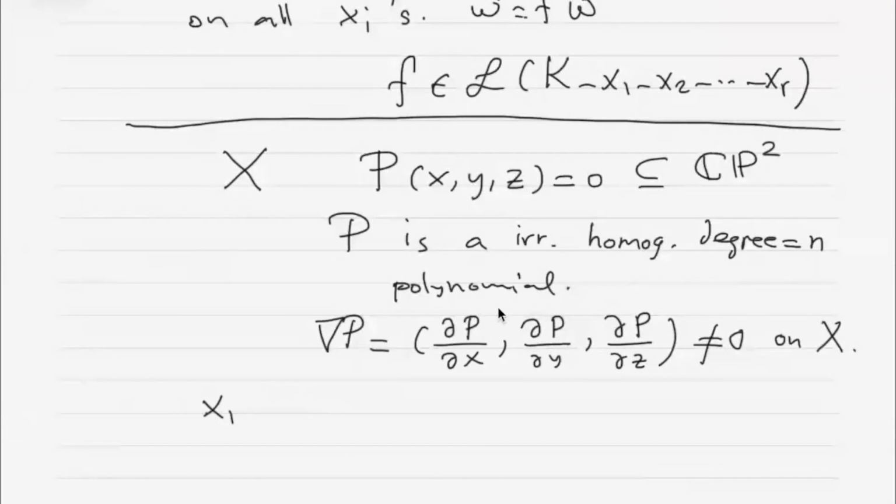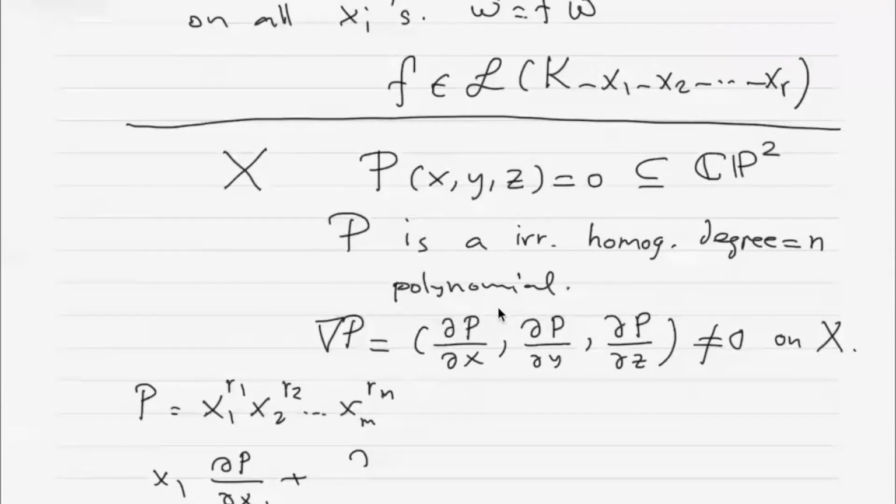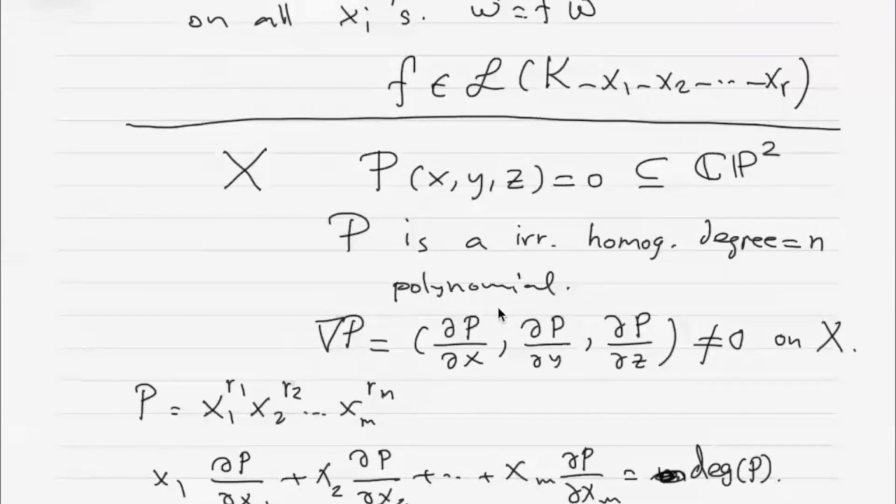If you have, say, a monomial x1 to the power r1, x2 to the power r2, xm to the power rn, we call it p, then the derivative of p with respect to x1 multiplied by x1, plus the derivative of p over x2 multiplied by x2, and so on, is going to be equal to the degree of p times p.